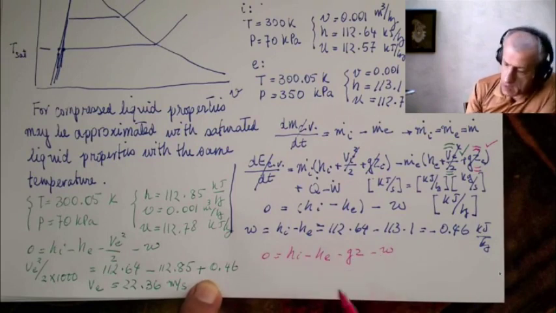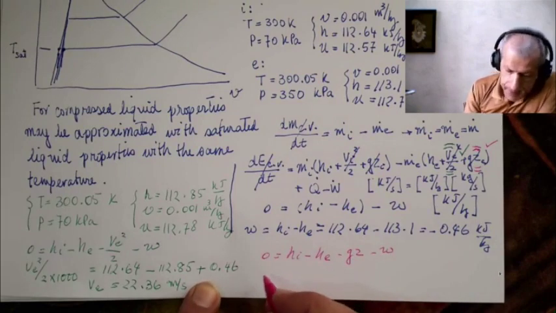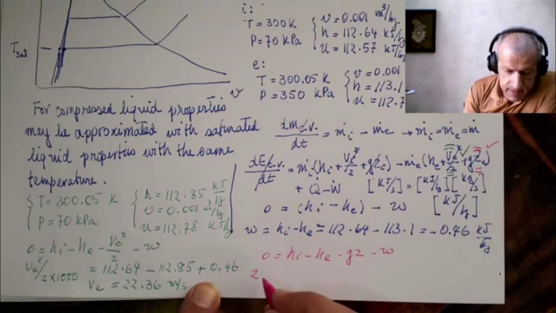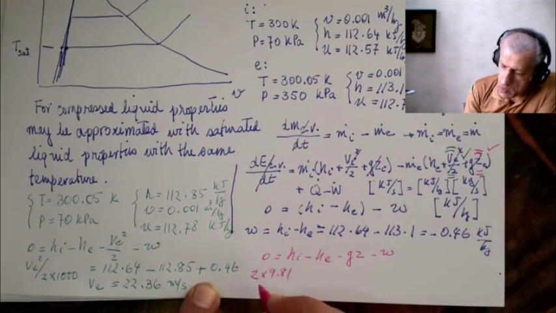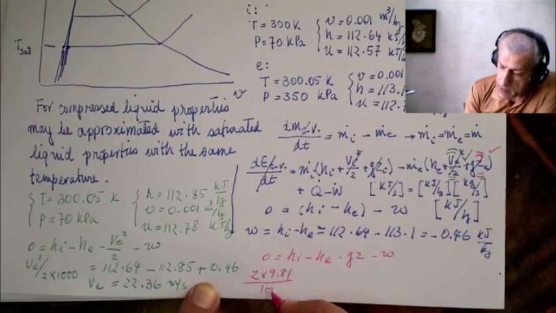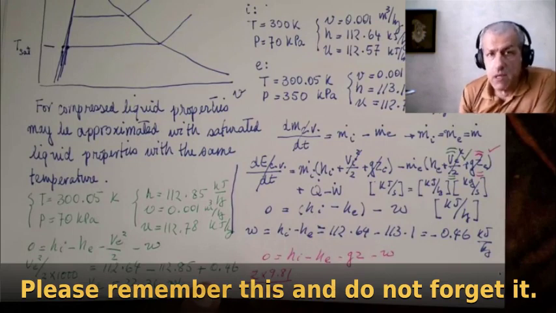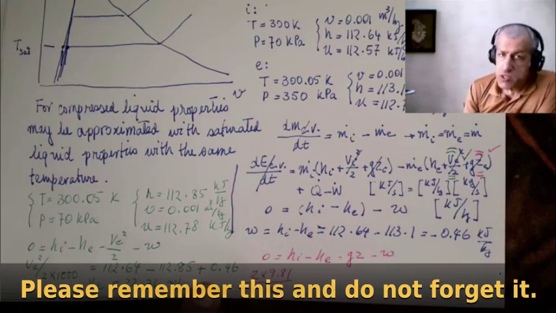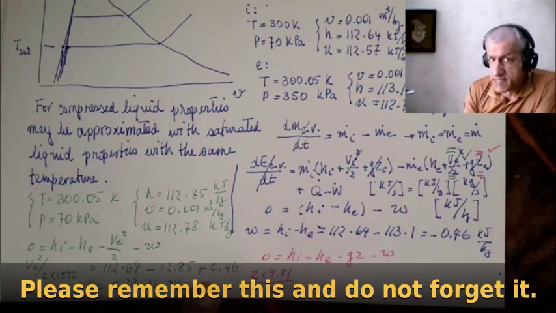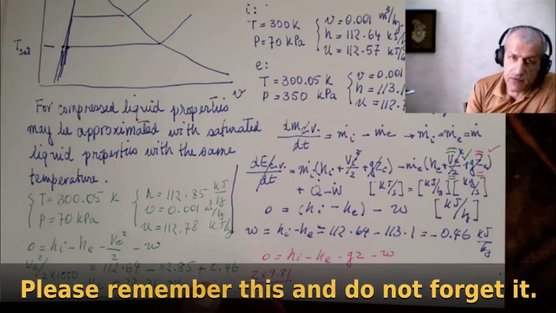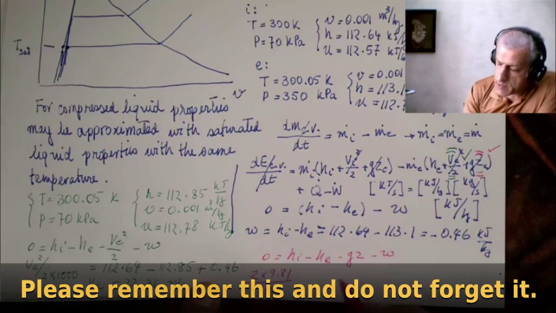So replacing values, z times 9.81 divided by 1000. Please don't remember this, because z times 9.81 is in joules per kilogram, and just to keep consistent with the units, we have to divide it by 1000.